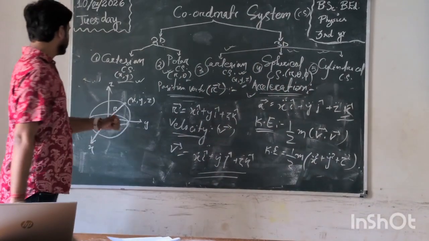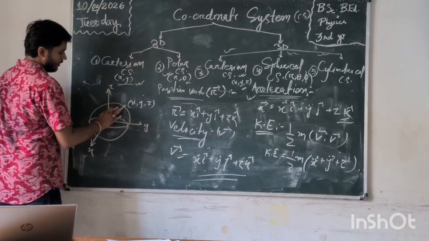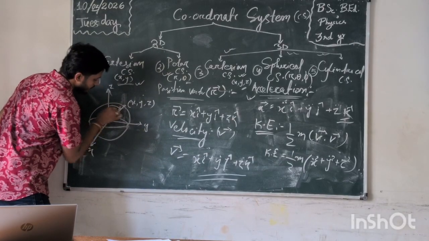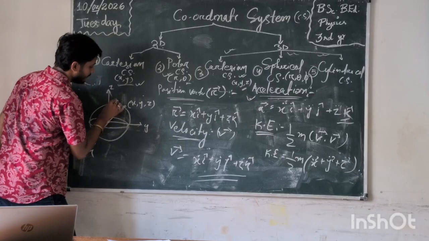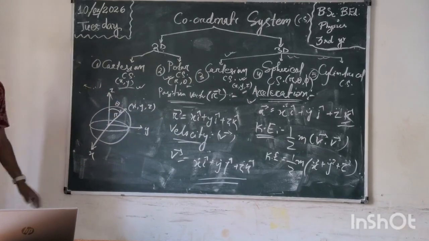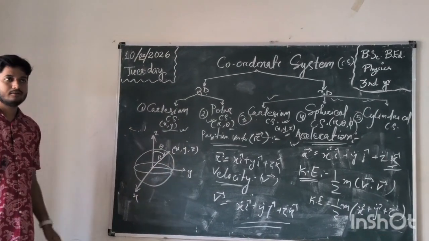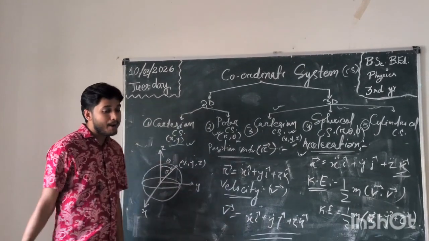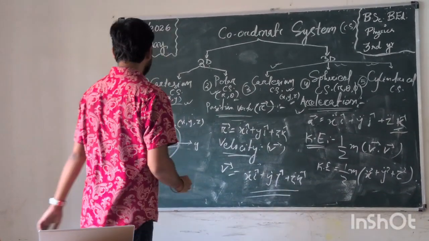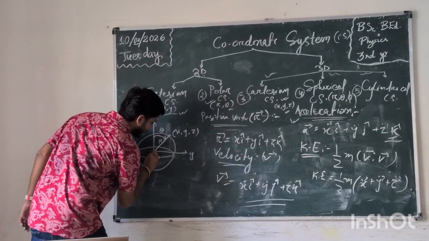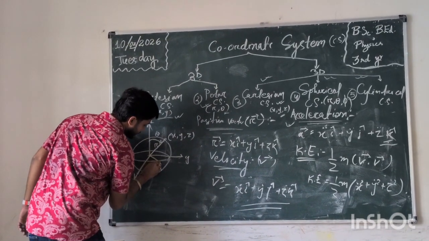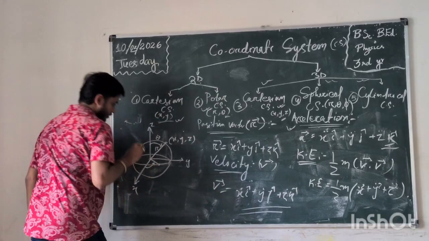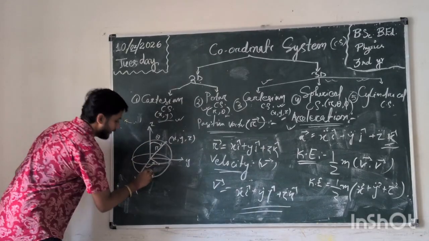That's the thing. So from the z-axis, this angle is called theta. R we got, theta we got. Then next is phi. Suppose here I am taking an angle phi from the x-axis.